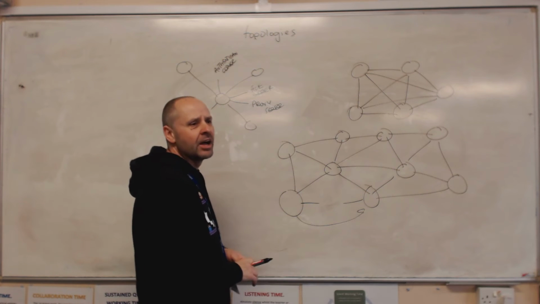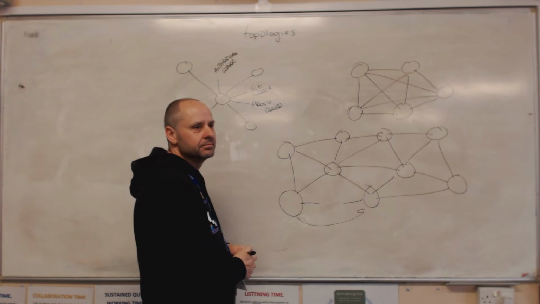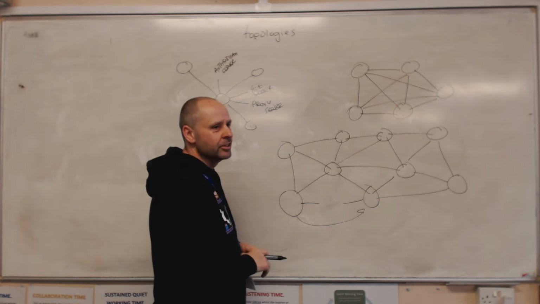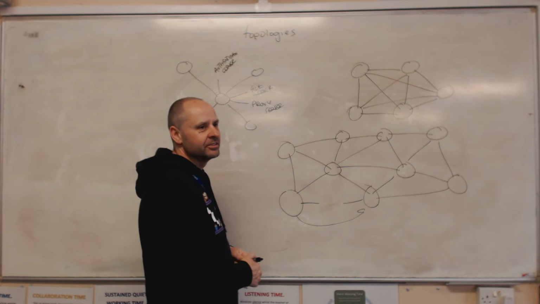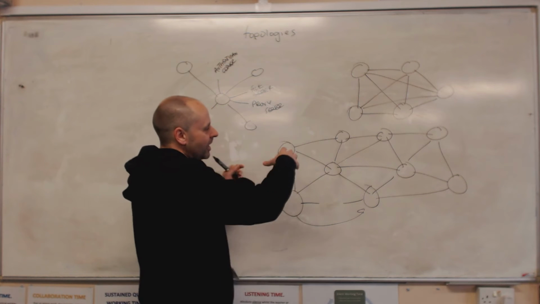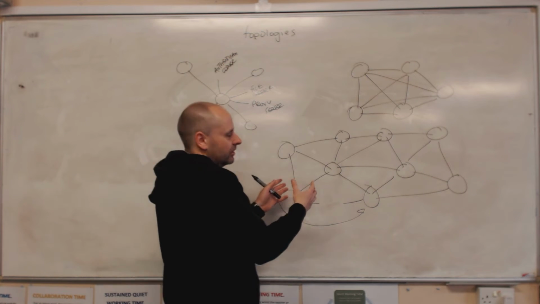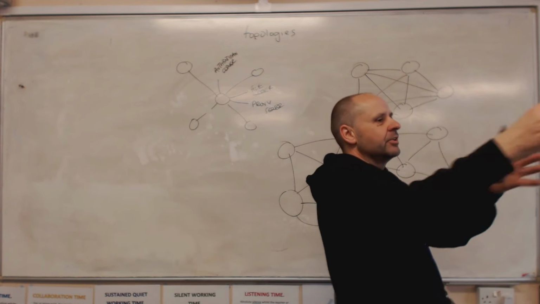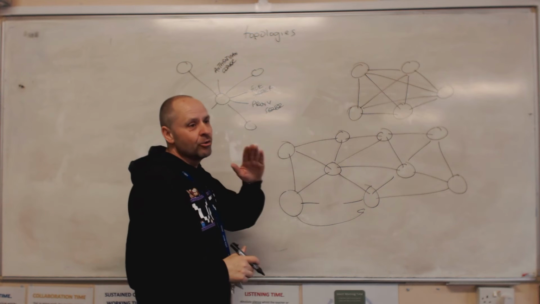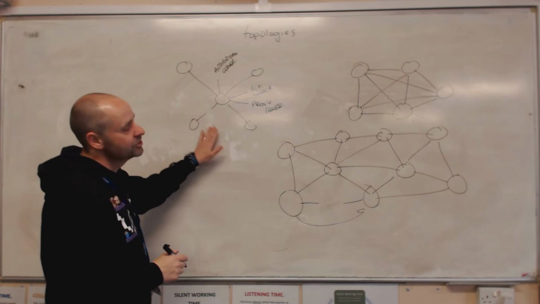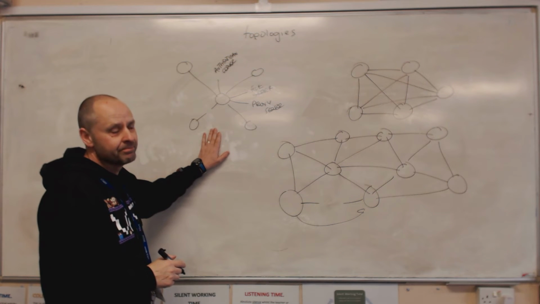How you physically do that, we're not going to worry about. You don't have like 10 network interface cards, you do it through switches. So you might have a small little network connected to another network connected to another, so you can transmit. You're trying to avoid single points of failure, which is what star networks suffer from.